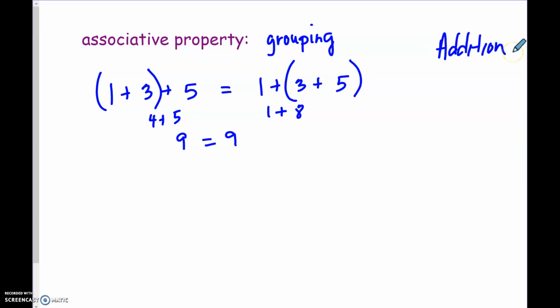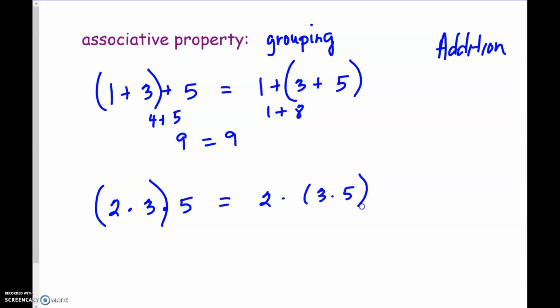Now how does that work for multiplying? If I take 2 times 3 times 5, is grouping 2 times 3 first the same thing as grouping 3 times 5? The order is the same, 2, 3, 5, but can I group them differently?